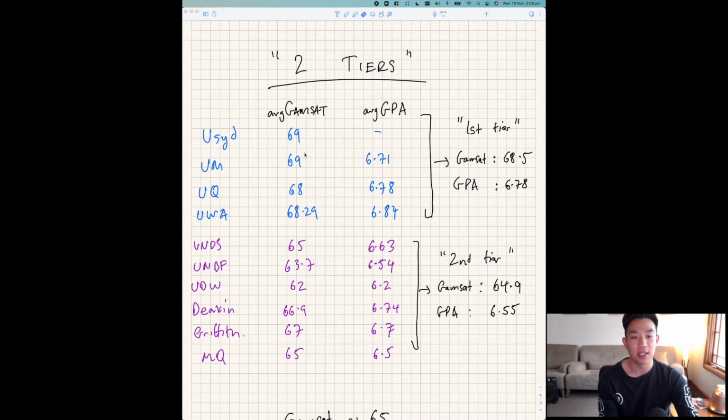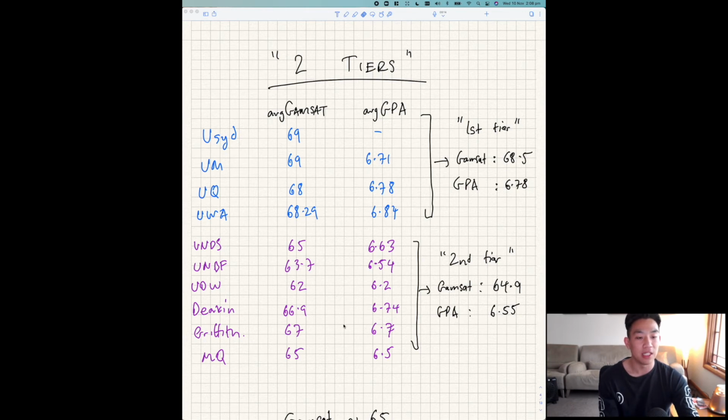And you can see that these marks are generally higher, so an average GAMSAT of 68.5 and an average GPA of 6.78. Moving down to the purple ones here, these include Notre Dame, Wollongong, Deakin, Griffith and Macquarie. You can see these marks are slightly lower, a GAMSAT of 64.9 and a GPA of 6.55.